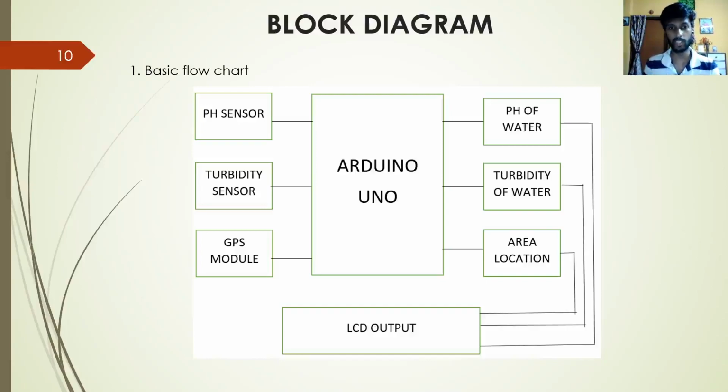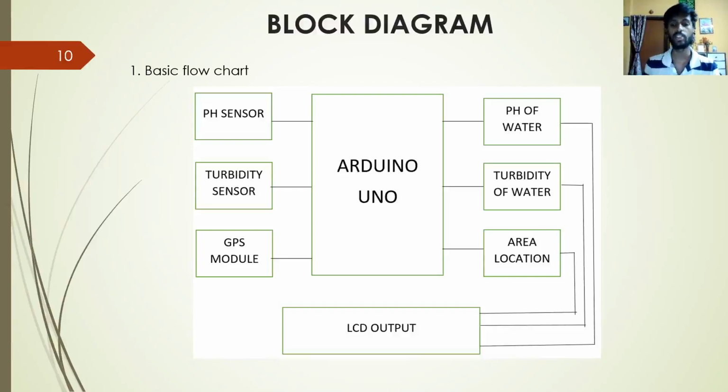So if the pH sensor gets a pH of 7.2 or 7.3, that's okay for pure water. But what about the turbidity and the suspended particles? For that, we'll be using the pH sensor and the turbidity sensor hand in hand. And then comes the GPS module, as I have already explained, to check the location of the Arduino UNO board along with the GPS module.